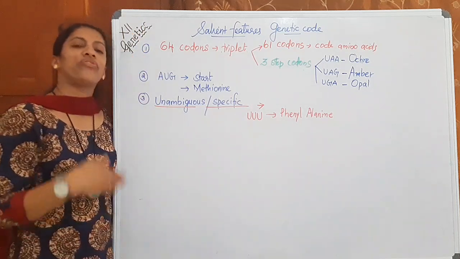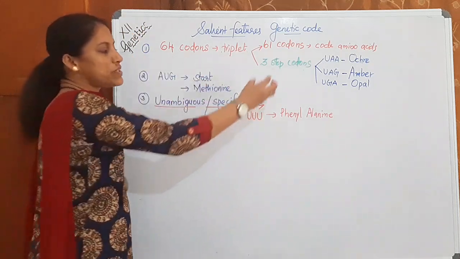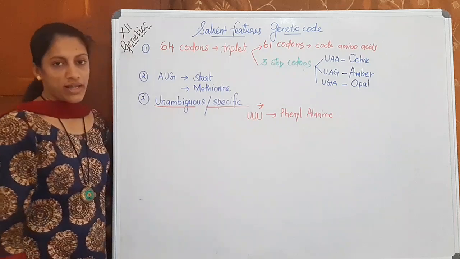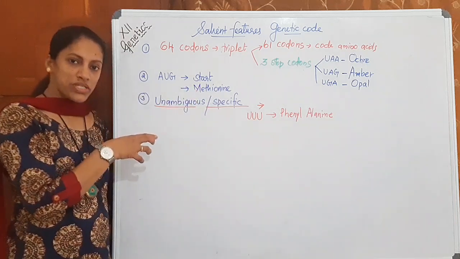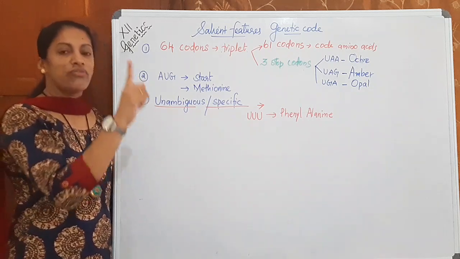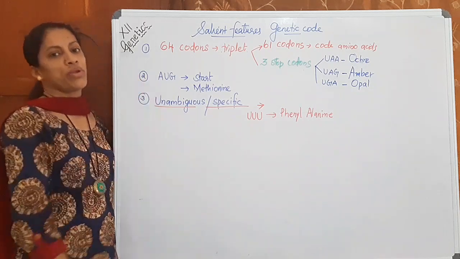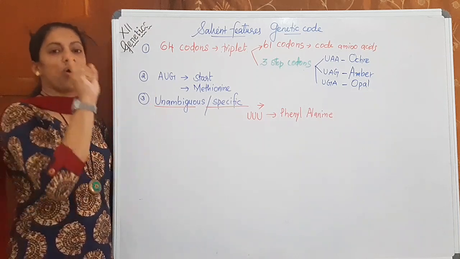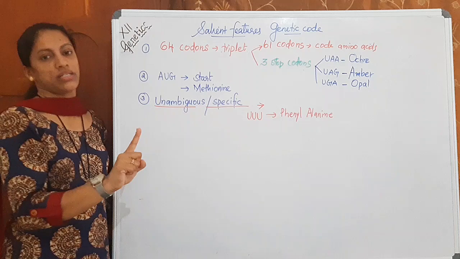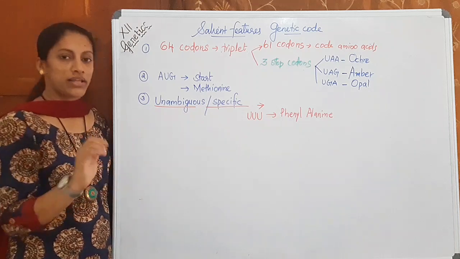It can never code for any other. So this is specific for phenylalanine. That is what specificity means. The code is unambiguous means one triplet code codes for only one amino acid, never for another amino acid.